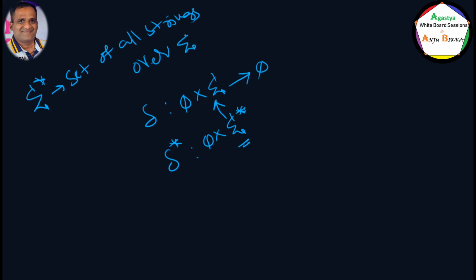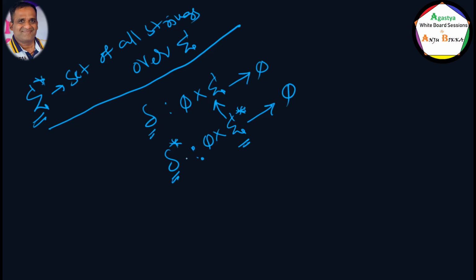So for the extended function delta star: if we have one input symbol, we use delta; if it is a string, we use delta star.